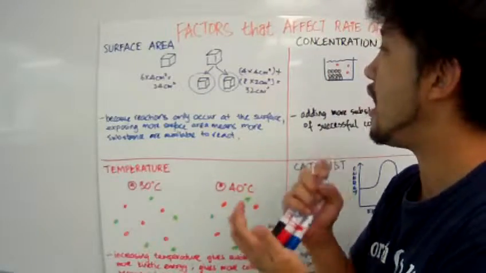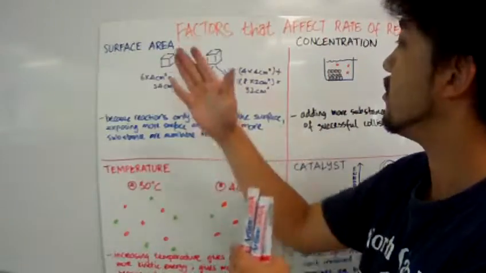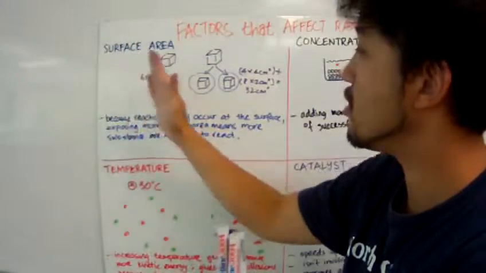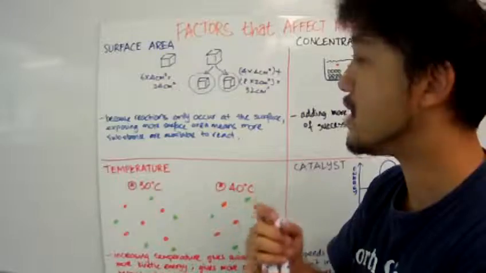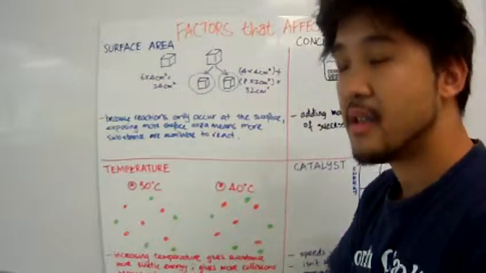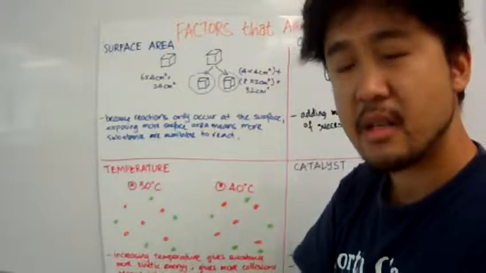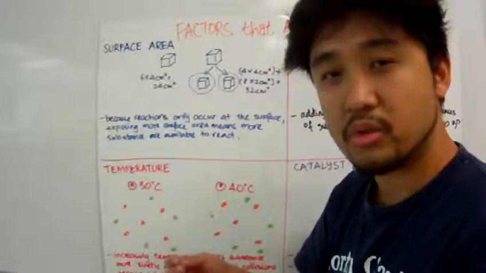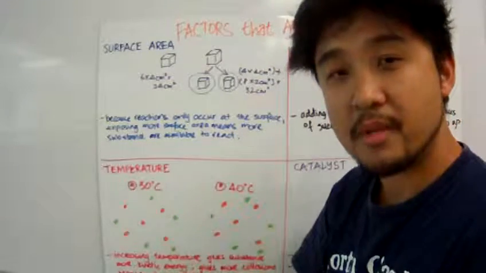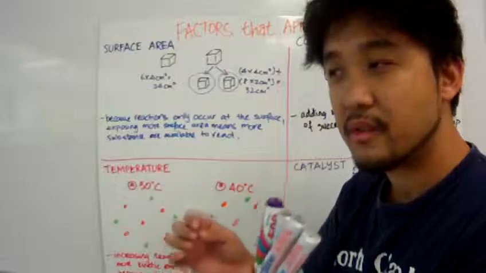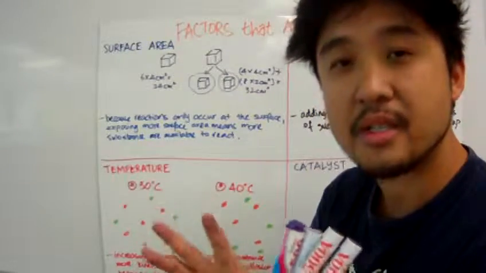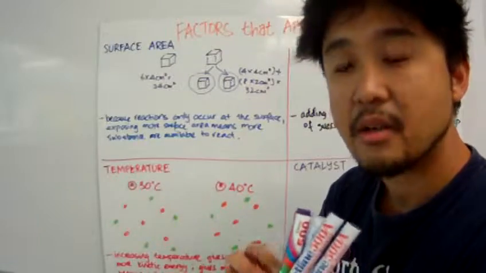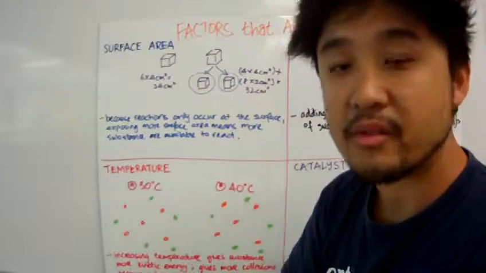So that is why, by cutting things into smaller pieces, you will see the rate of reaction increase. And in class, you'll be able to do some experiments testing how different materials of the same mass but different sizes will affect the rate of reaction.